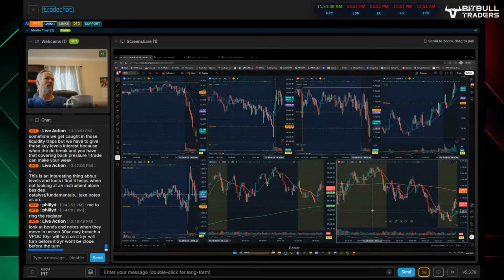So from a positioning perspective, if the algos come in and get a read on that and they see that everyone's gotten short again, now they just come in and start squeezing the stops again to the upside. That might not happen today with the bond market.